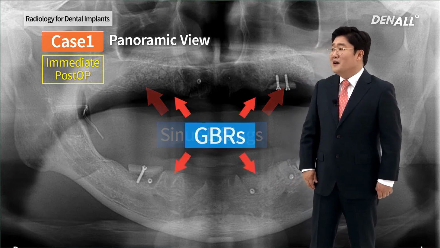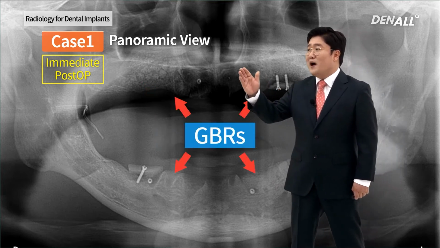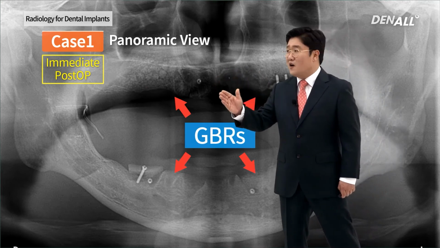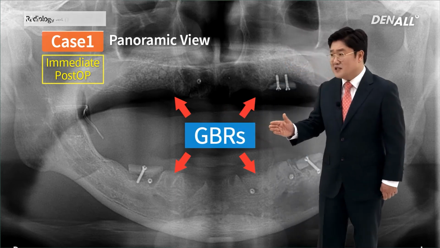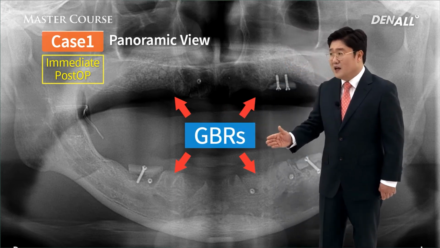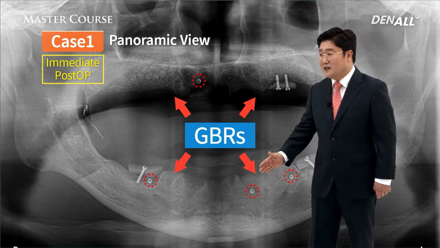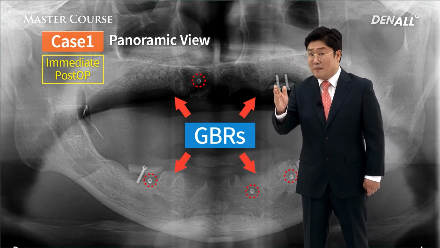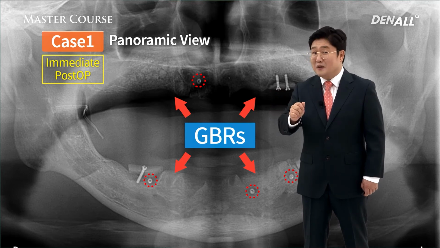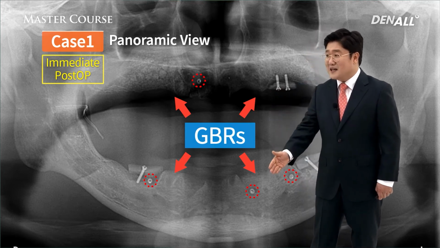After extraction, where implants will be placed in the future, GBR, guided bone regeneration procedure, was done. The round things are the bone tacks to fix the membrane. They appear on the X-ray like this.